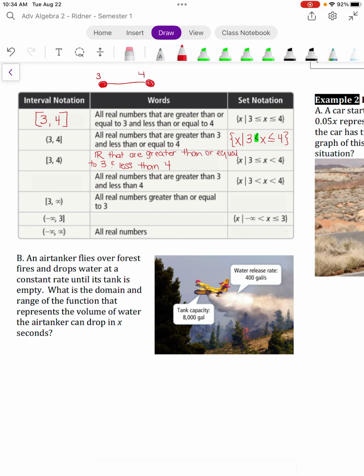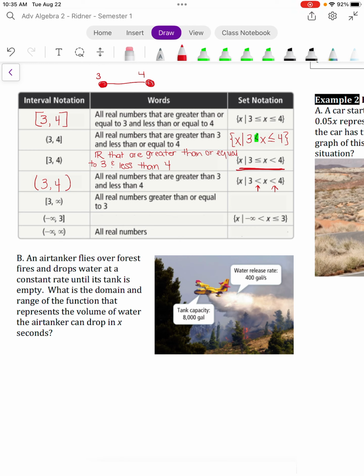It's easier to write that sentence from the set builder notation than it is the interval notation, but either work because they mean the same thing. On this one, I look at set notation. They're both not equal to symbols. So that means that they're both going to be parentheses.